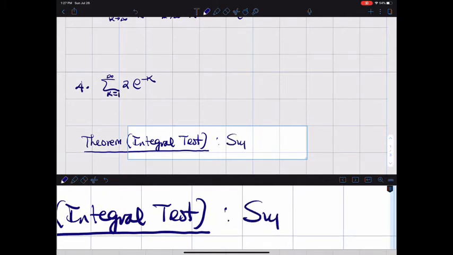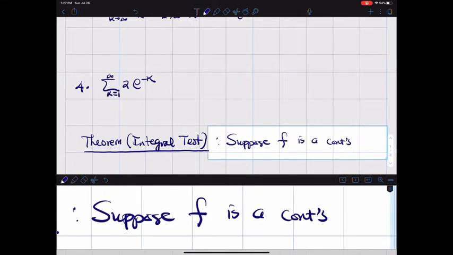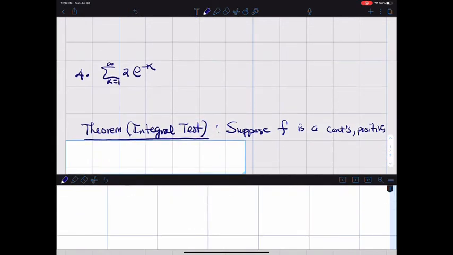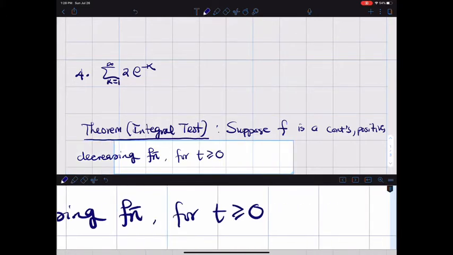Now let's suppose the function f is a continuous, positive, decreasing function for t greater than or equal to 0.